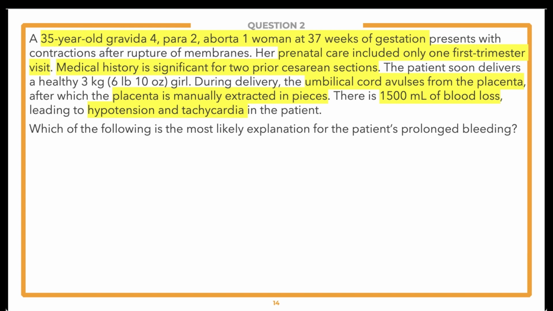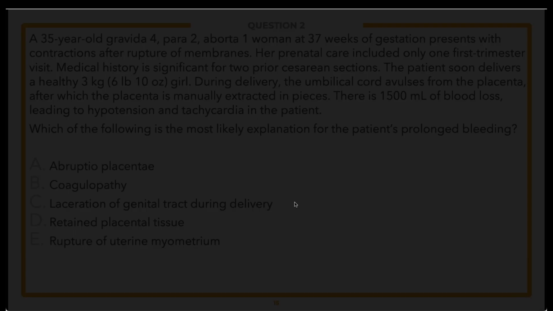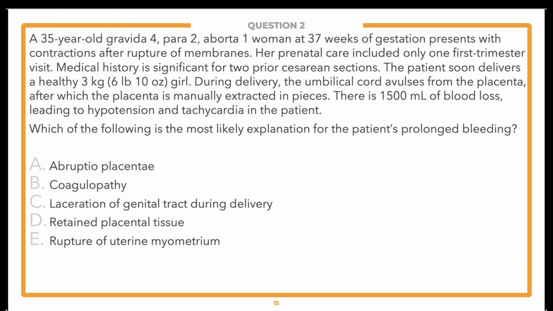So another potential abnormality. All the stuff about the placenta, clear, right? And the blood loss, right? So just a lot of things that are going on here that should be pointing you in a particular direction. So with that, let's go ahead and look at the answer choices.